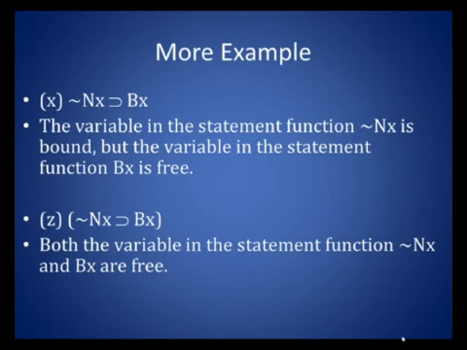Both the variable in the statement function not nx and bx are free, specifically because in this case the universal quantifier is a z. So it's only going to govern other instances of z that follow immediately to its right. Since there are no z's in this particular statement, both the not nx and the bx are free.